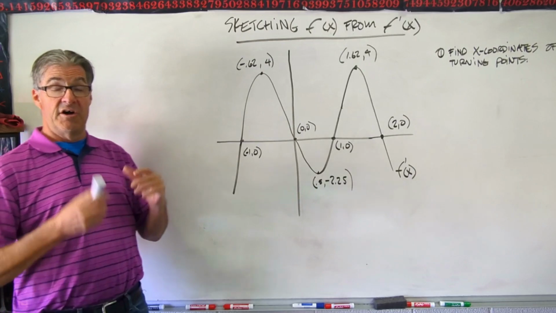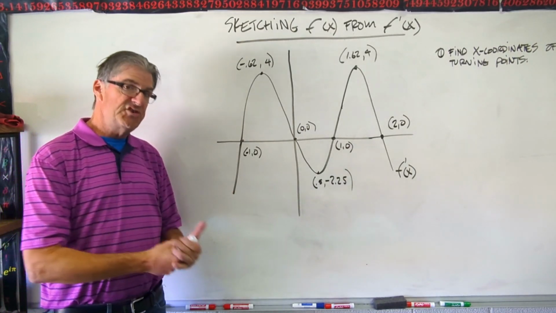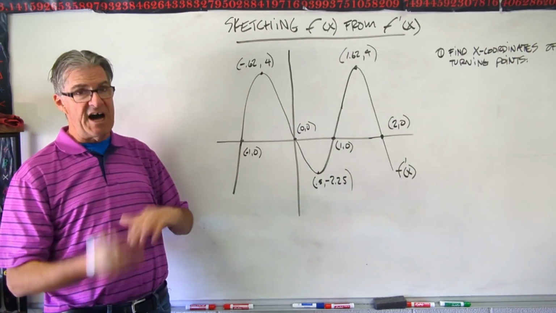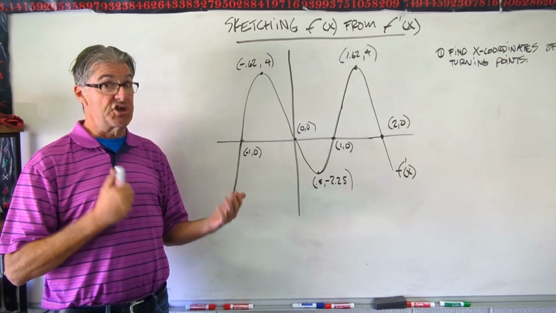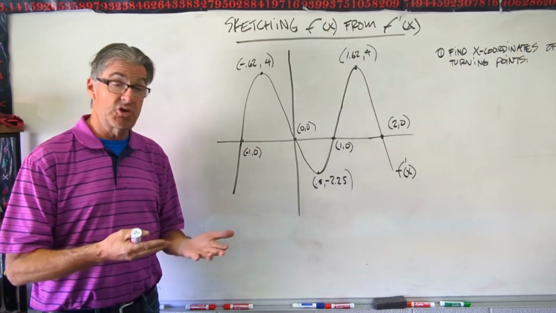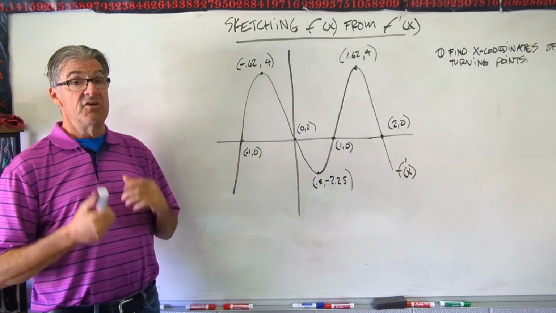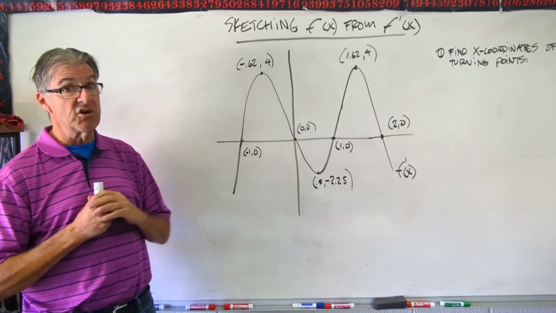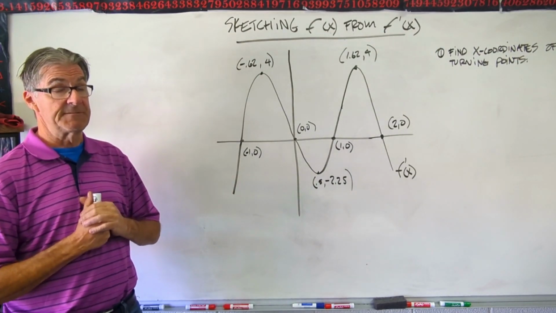Now, you'll remember that the first derivative changes from positive to negative at the turning points. This is where the original function changes from increasing to decreasing. So we need to locate the coordinates of those turning points.